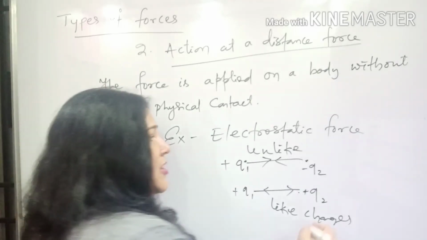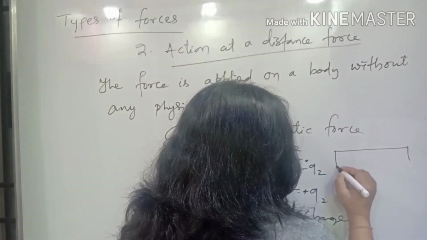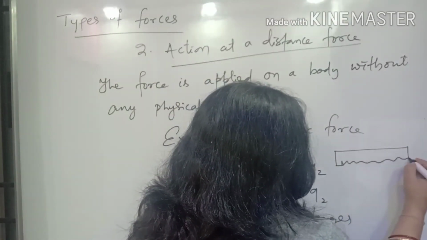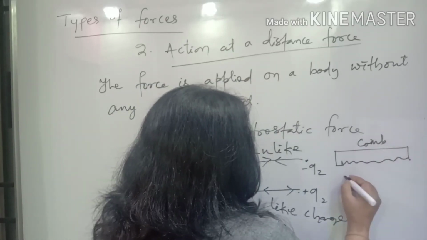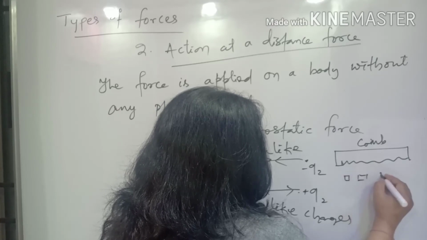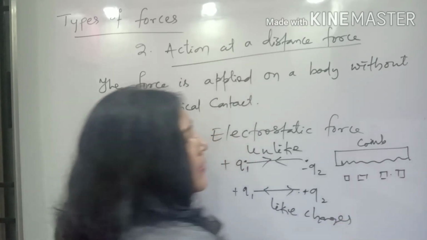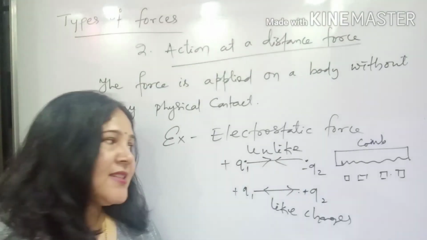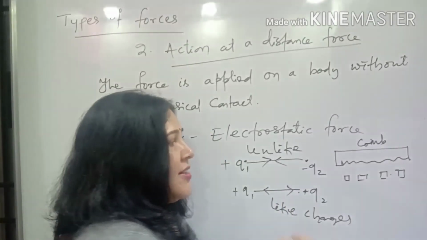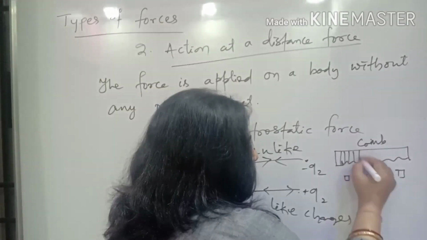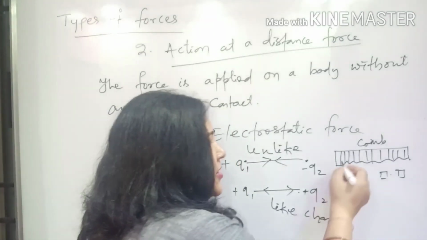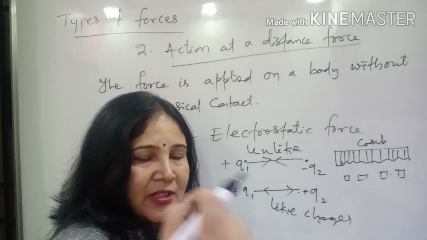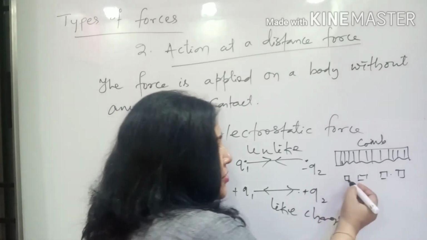So this is the comb, and here I am taking small bits of paper. Once the comb is charged by passing it through dry hair, when I show it to the bits of paper, opposite charges develop due to induction.